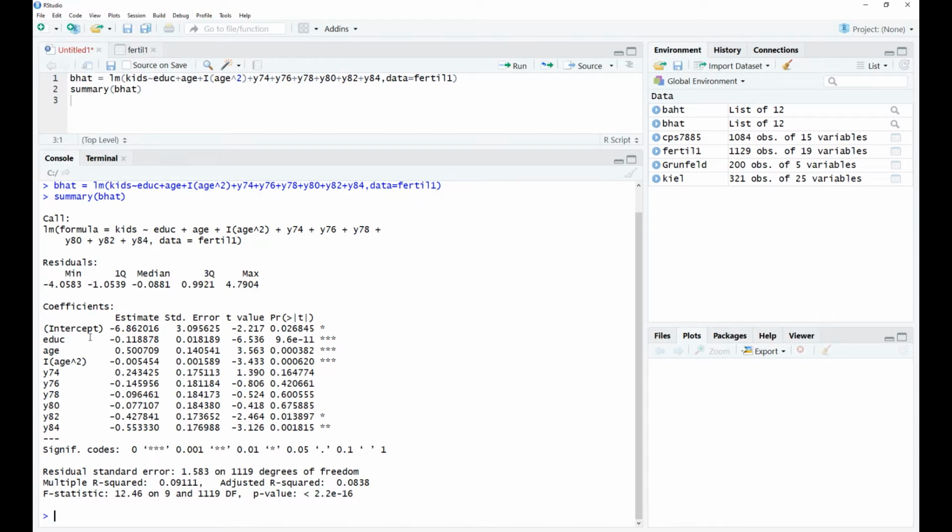Now we see that education is negatively related to the number of children, and that age is, at first, we have a positive effect, so with increase of age, the number of children increases, but at a decreasing rate, because we have a negative here. Now, what is more important is that in 1982 and 1984, so in the early 80s, we have negative coefficients, and those negative coefficients are also statistically significant.